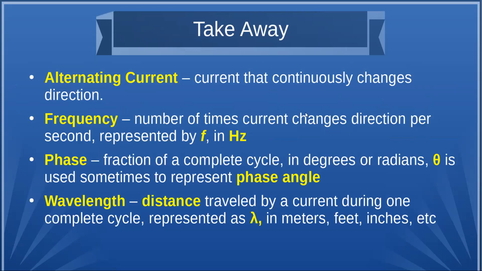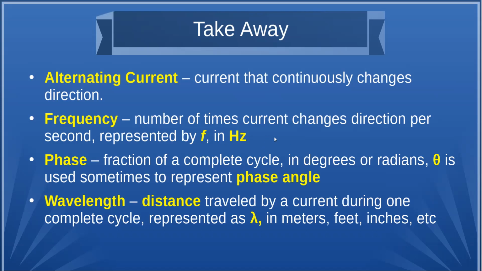Okay, so alternating current continuously changes direction. The frequency is the number of times it changes per second. We normally use a small f to represent the frequency, and we do it in hertz. And we have hertz and kilohertz and megahertz and gigahertz, and then terahertz, I guess.